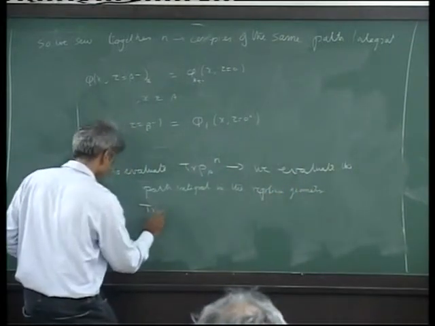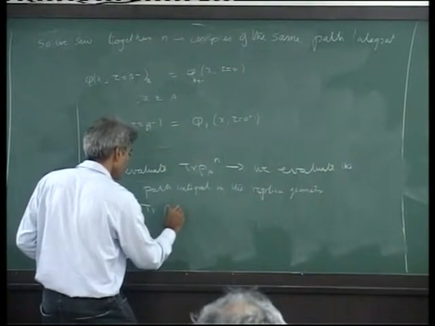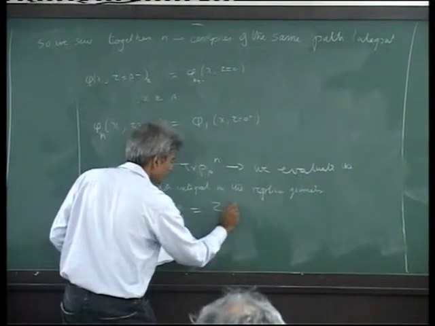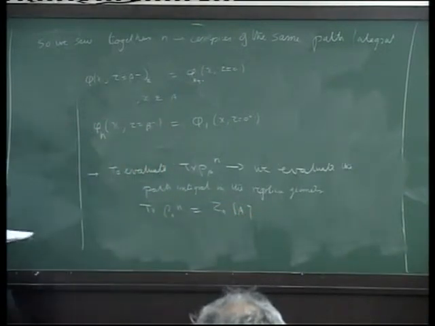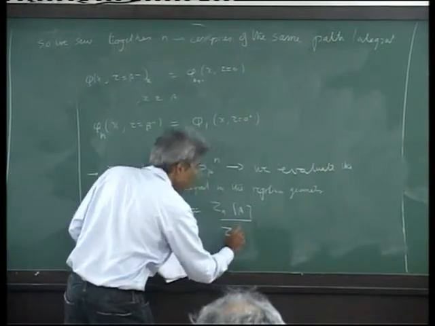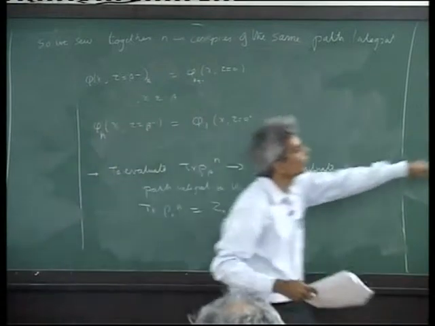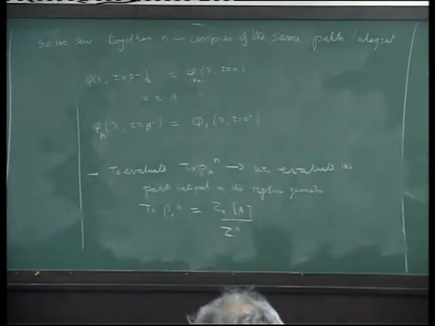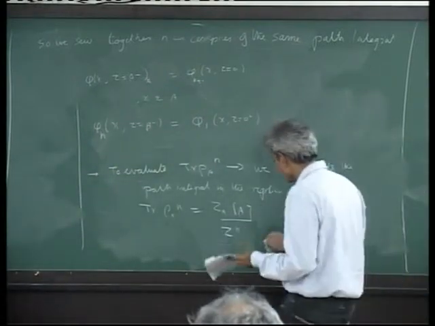So basically trace rho A to the n is equal to Zn. This is just the notation, where A is this region. And this includes the various normalization factors which keep coming when we do it, the Zn normalization.